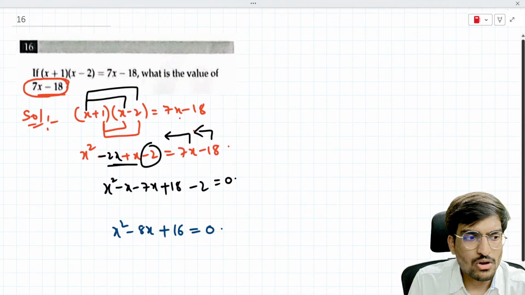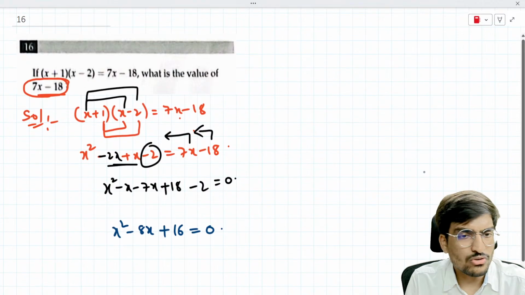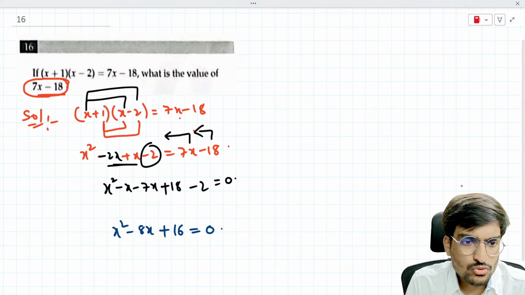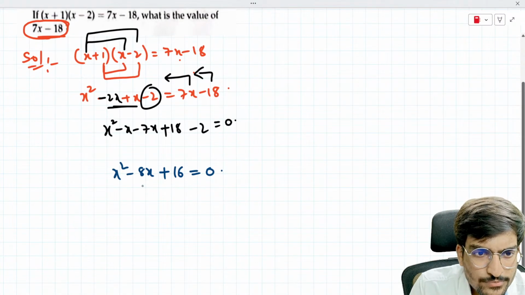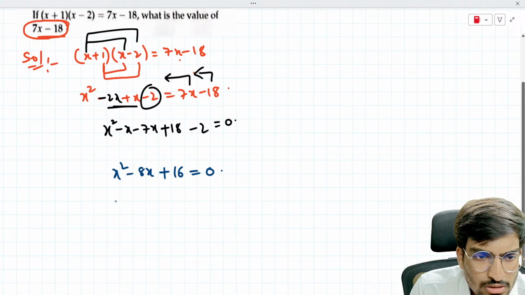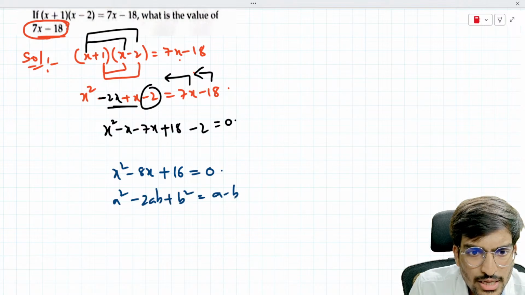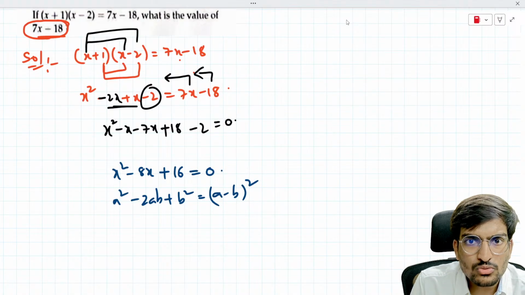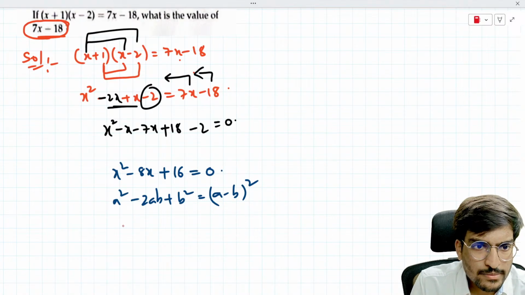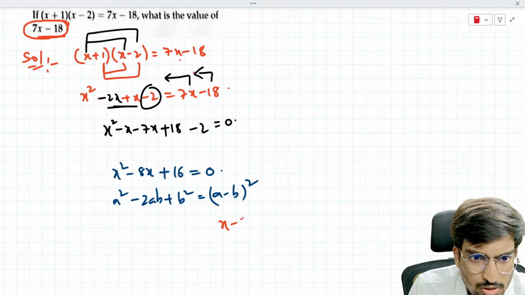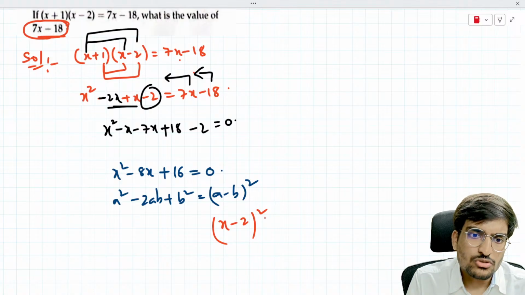If you solve this, you are going to get 2 x values. You can see clearly it is in the format of a square minus 2ab plus b square, that equals a minus b whole square. Here a is x. X minus b. What is b?